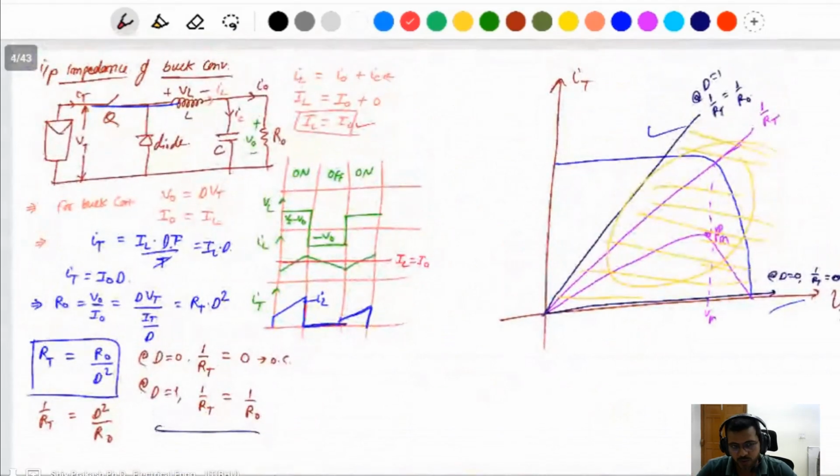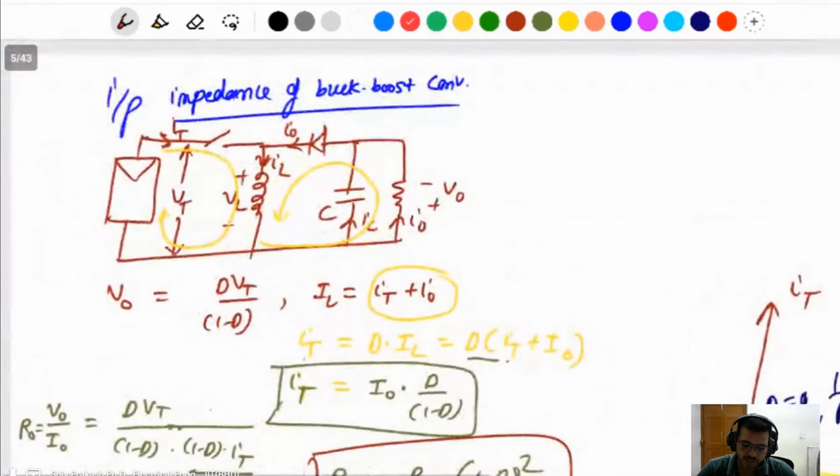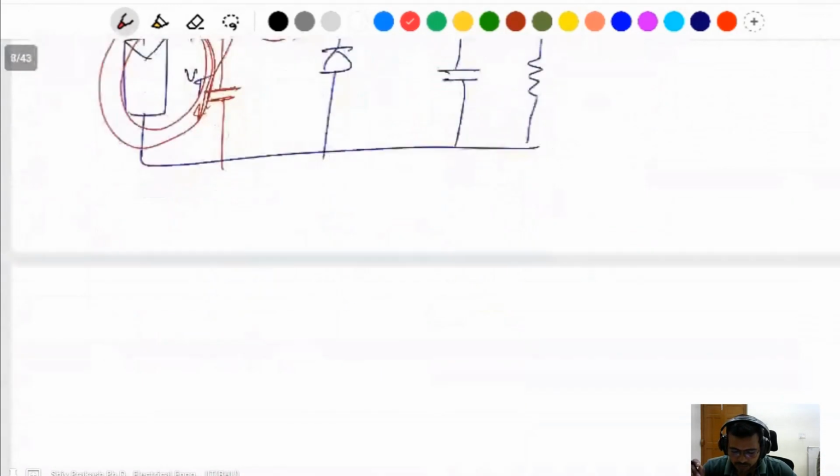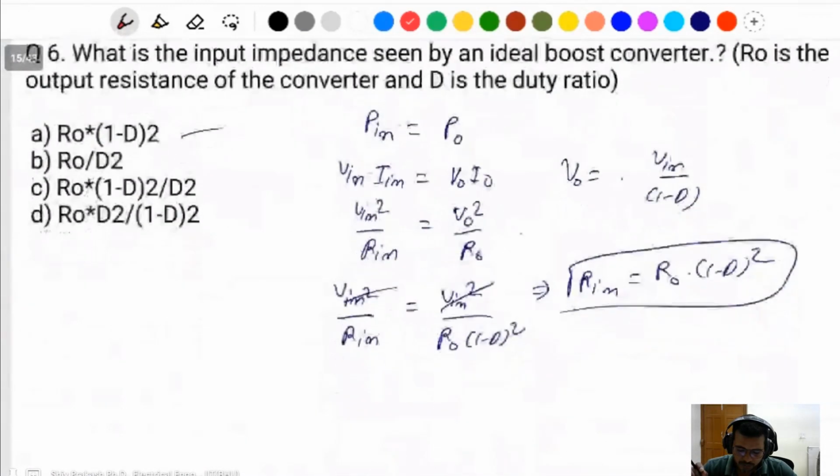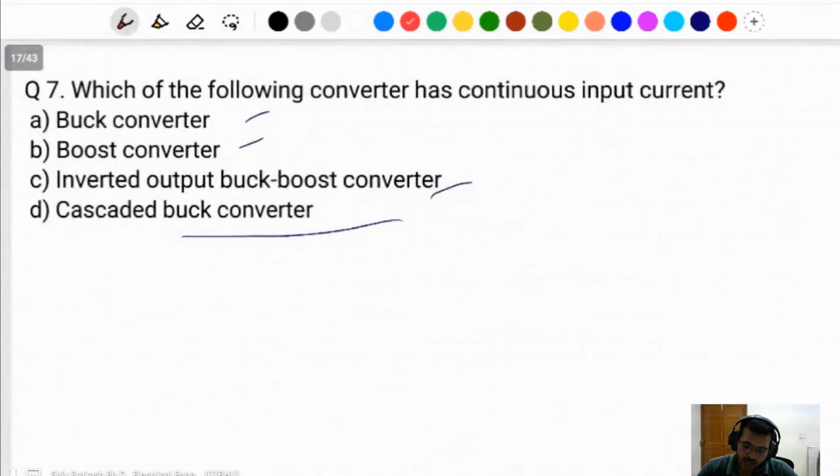You get discontinuous input current here. When the switch is off, current will be 0. When the switch is on, current will flow. That's why it is discontinuous. Only the boost converter has continuous current on the input side. Buck converter and buck boost converter both have discontinuous current at the input side.